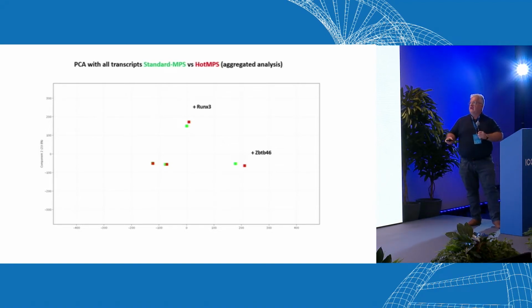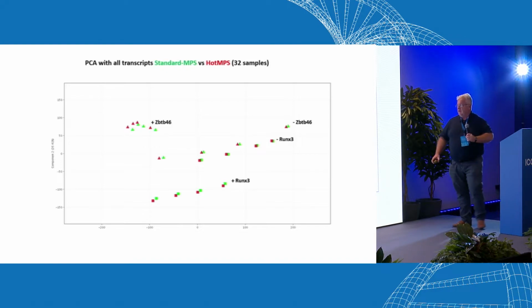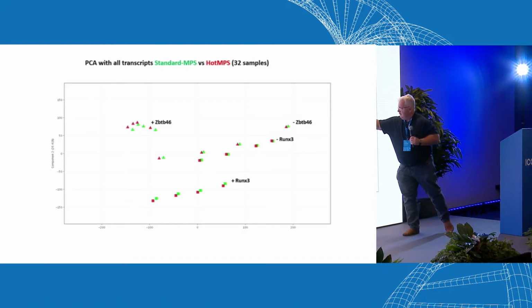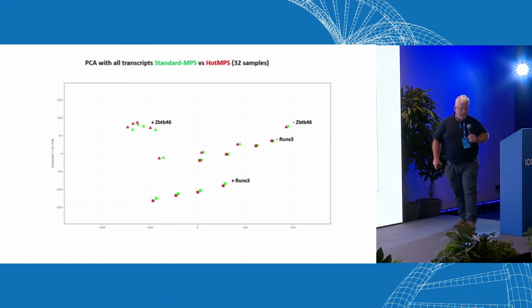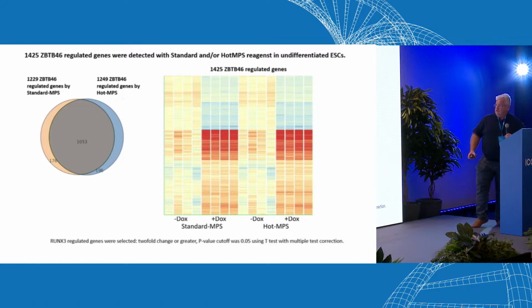Even though this is an aggregated analysis, with the 4 replicates analyzed together, if we analyze the individual samples separately, you can see the same pattern. So the hot MPS and standard MPS resulted in very similar gene expression. And once again, we also selected those genes which were positively or negatively regulated.